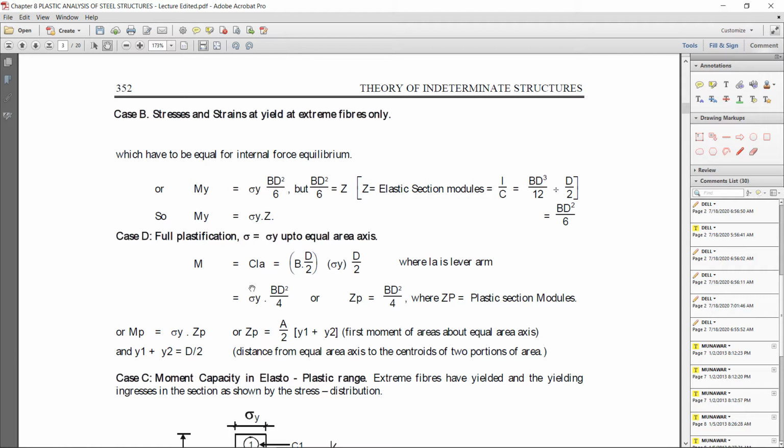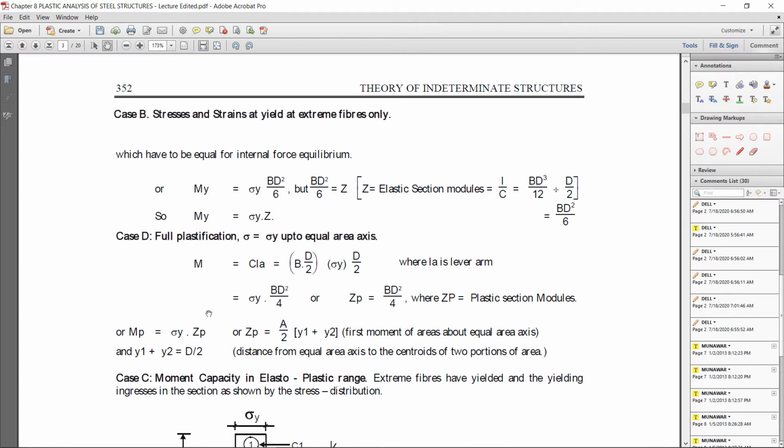You can see sigma is the stress and the plastic section modulus is b d square by 4. In the elastic case the section modulus is b d square by 6, and in the plastic case, when the whole section is under plastification, the plastic section modulus is b d square by 4.